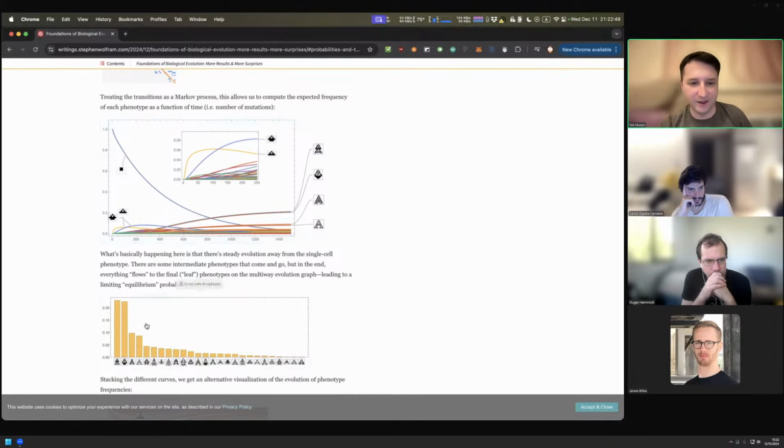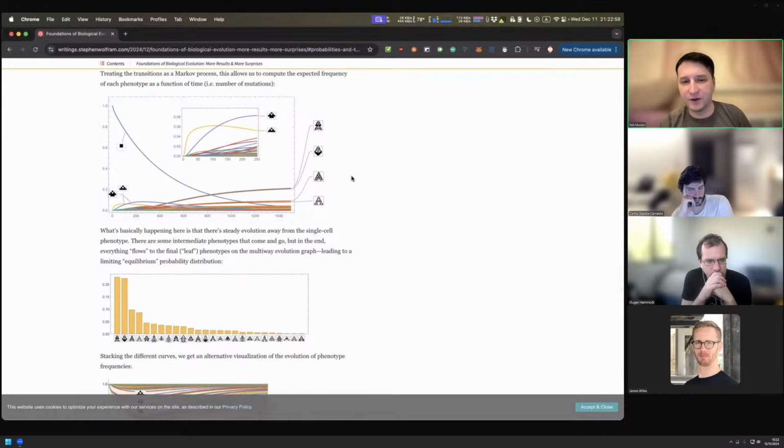This shows the final stationary distribution, the one on the right. These are the most populous creatures. There is more than 20% probability that you will evolve into that if you just follow random mutations and increase your fitness.